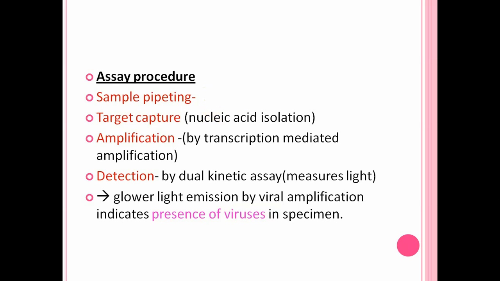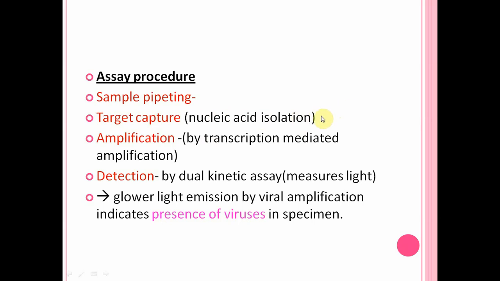Target capture. Now in the single tube we have all the pooled plasma or serum. From there nucleic acid isolation is done. If the virus is present in that pooled specimen, it is detected and its nucleic acid is extracted or isolated.